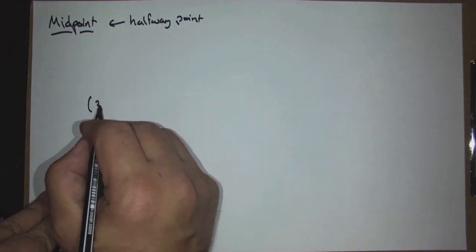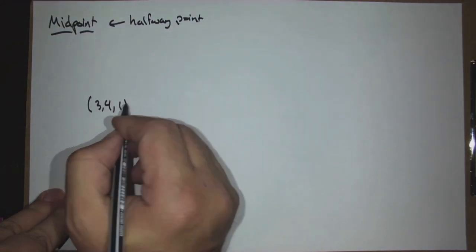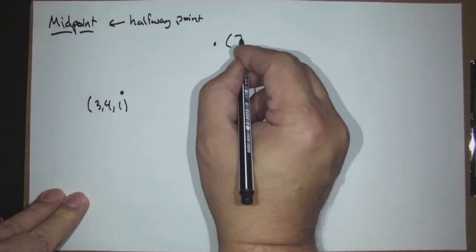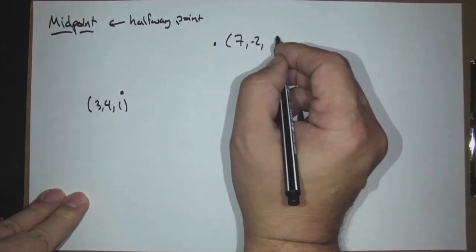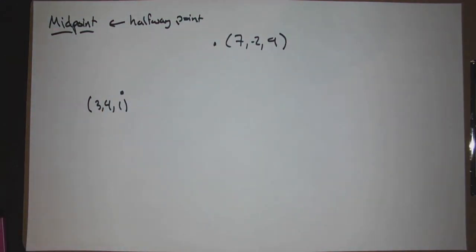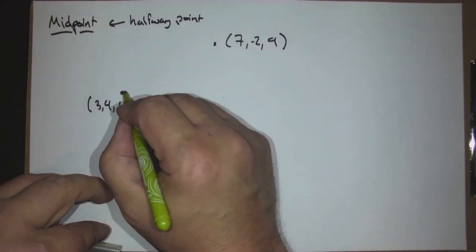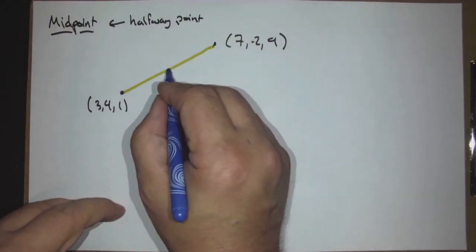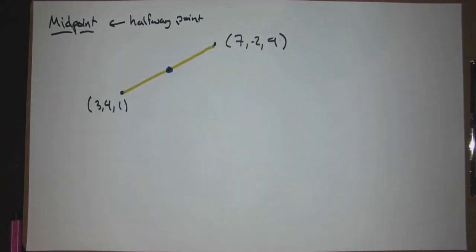So if I have 3, 4, 1, and over here I have 7, negative 2, 9, I can think of these as being 2 points, and I say, well, draw the line segment between those 2 points, and then put a point exactly in the middle. This would be the midpoint.